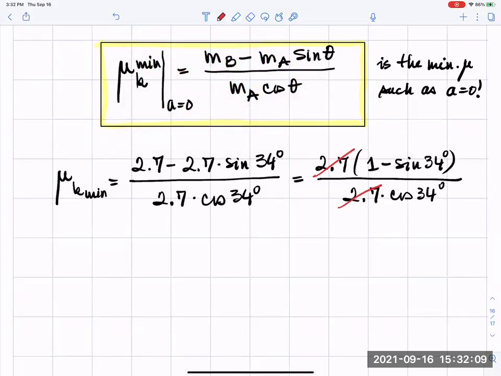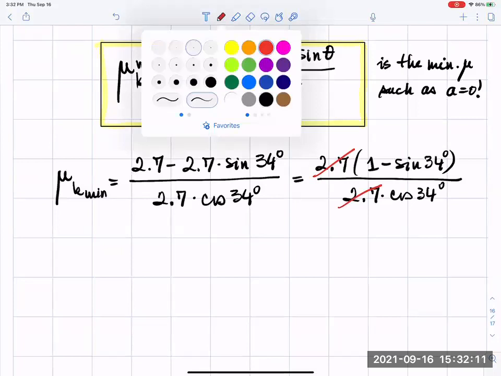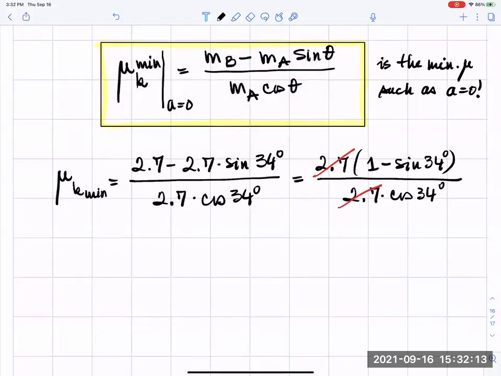So now on a calculator, it's easy to just put 1 minus sine of 34 divided by cosine of 34. So mu K min. Let me see what I get very quick. I'm getting 0.5317. Okay, I'm just going to round this to 0.53.